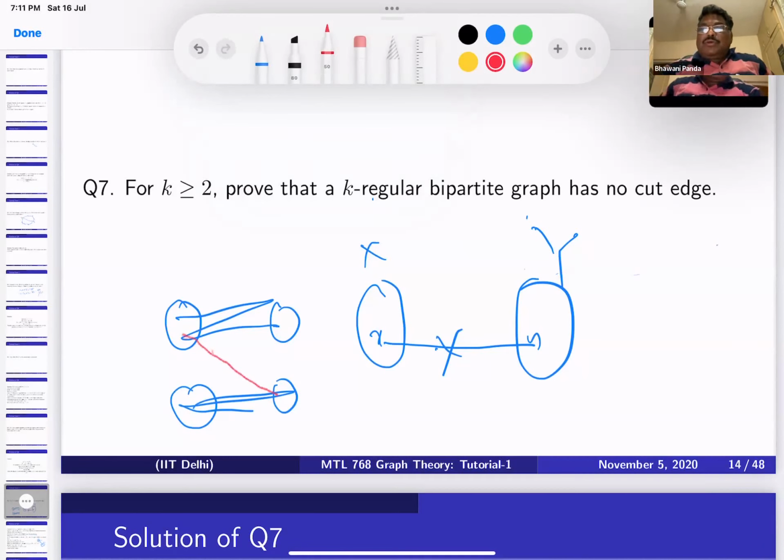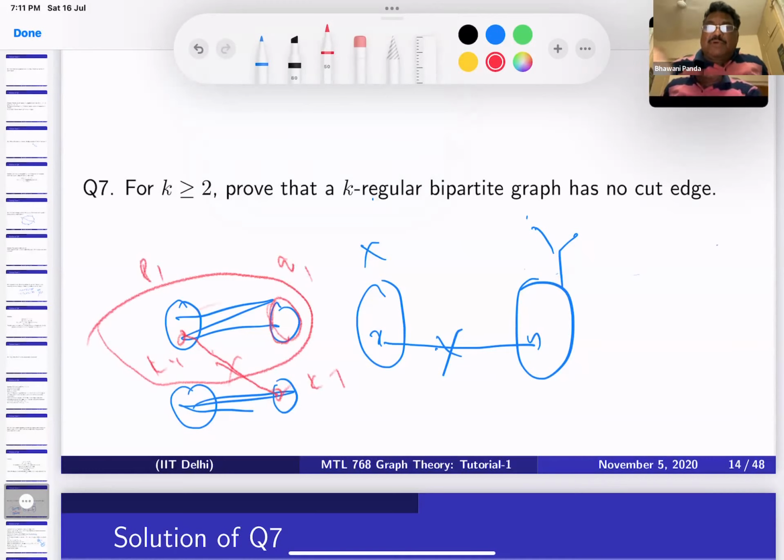Now all these vertices except this and this will have degree K minus 1 after deleting. Look at this particular graph. The number of vertices here is Q1 and this is P1.